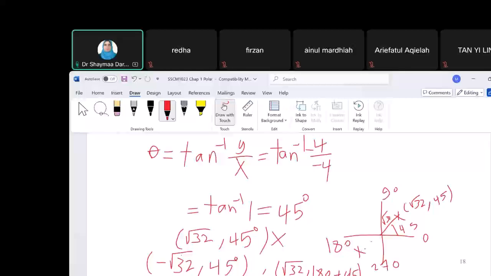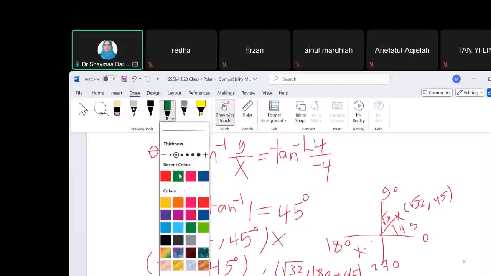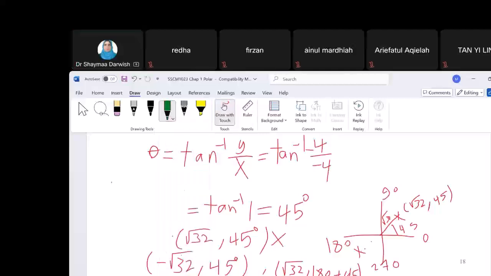In polar, the point comes in the first quadrant, which means that you need either to take r negative or add 180 to your angle. Both options are correct. No need to write both. Choose one. But this one like this is incorrect. If you keep this one, your answer is incorrect.